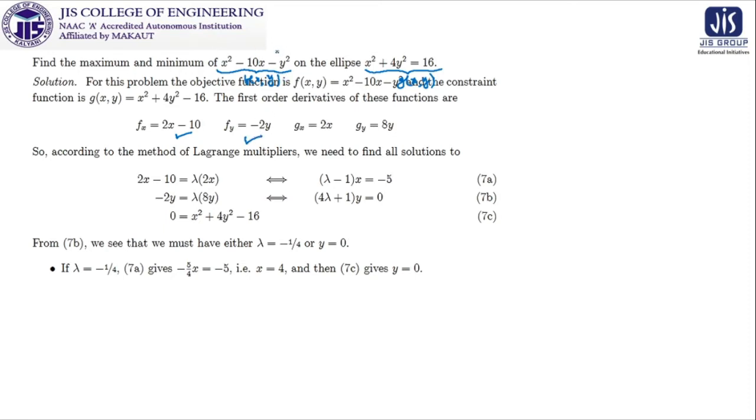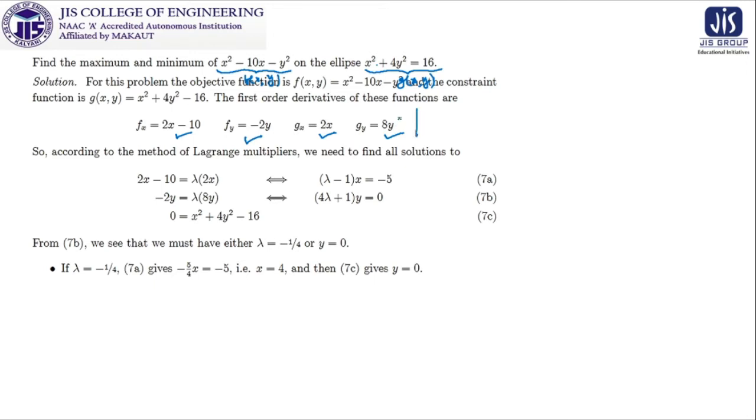It is very clear from this part. And for g, it is x square plus 4y square minus 16. So if you partially differentiate g with respect to x, you will get simply 2x, and if you partially differentiate g with respect to y, you will get 8y. So all these are calculated.